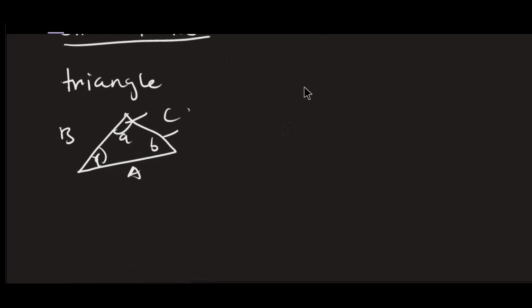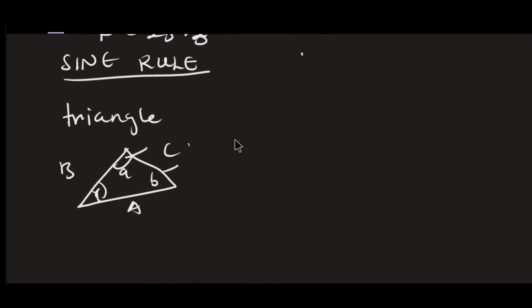If you have a triangle and you have some of the angles missing, that is when you have to use the sine rule. But what is the condition? The condition to find angles in a triangle using the sine rule is that there should be at least two known sides.